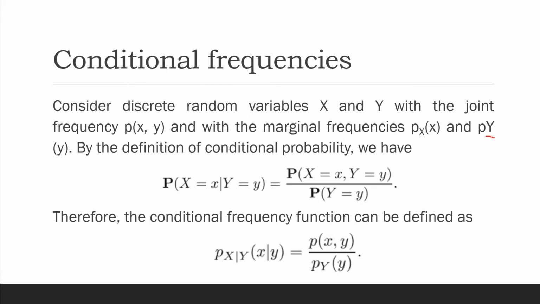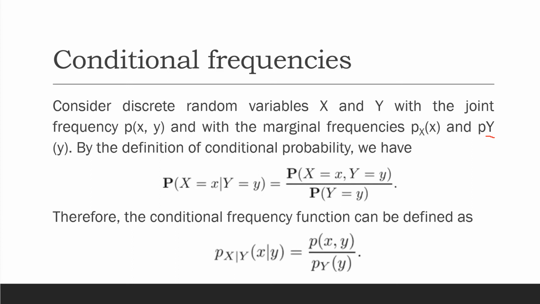over the probability of Y equals the point y. Now, if you can still remember the conditional probability from our basic education or even in our college days, we are very familiar with this kind of formula.